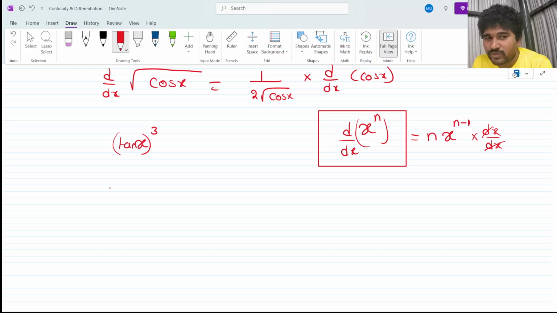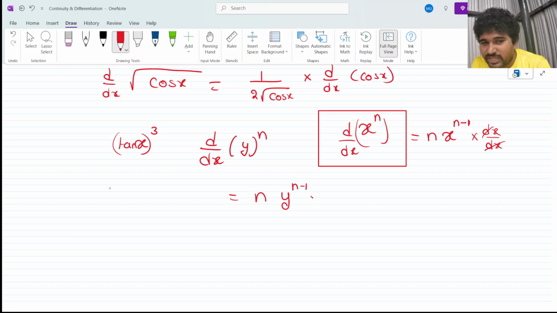For example, if you are having d by dx of y power n, what is your rule? Whoever is there inside, no problem for you, right? So you will write it as n into y power n minus 1 into d by dx of whoever is there inside.